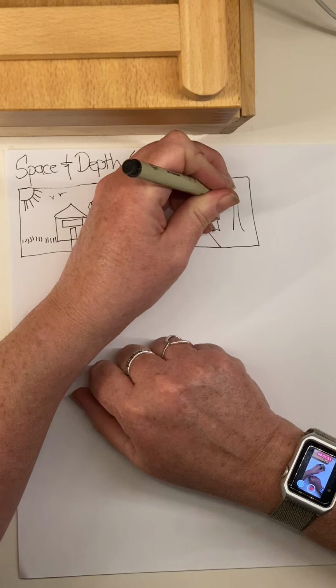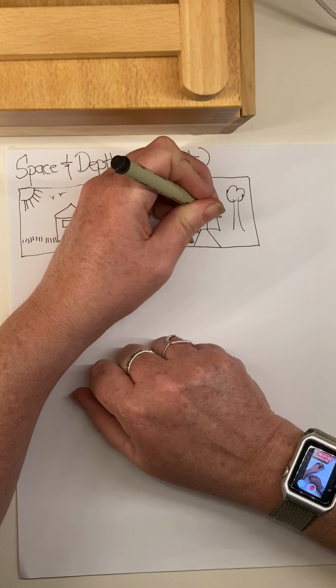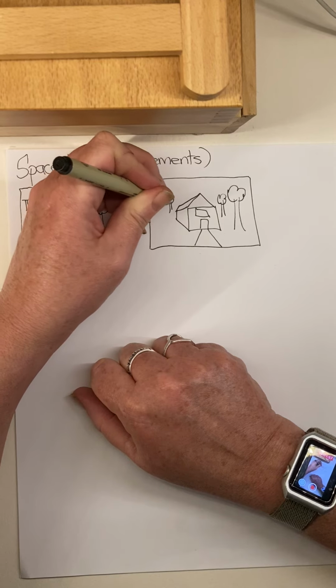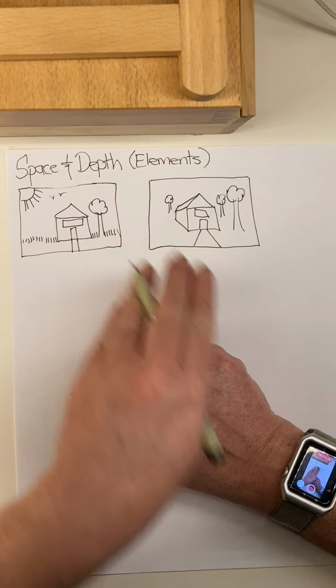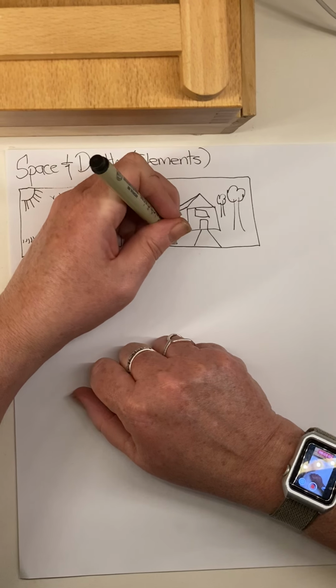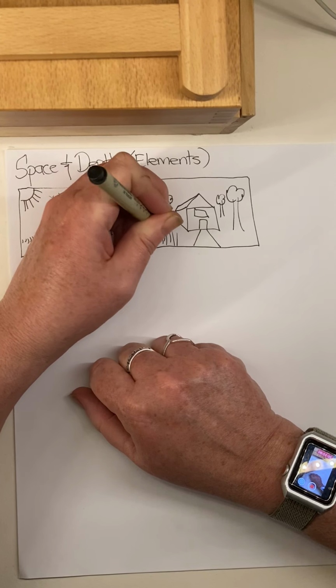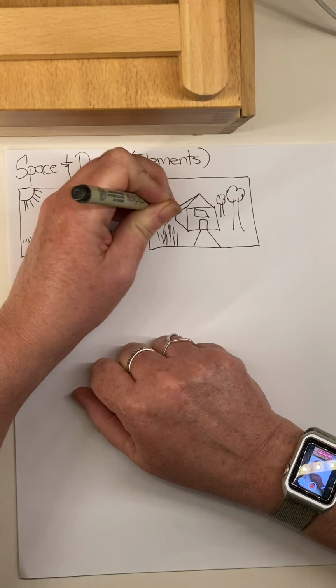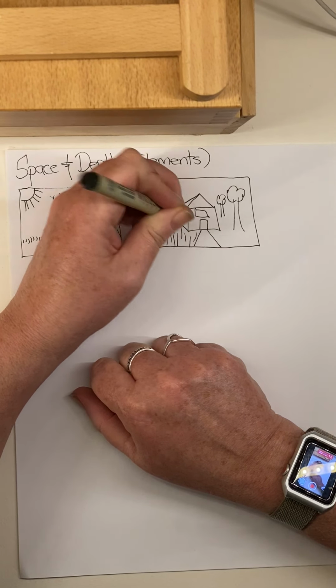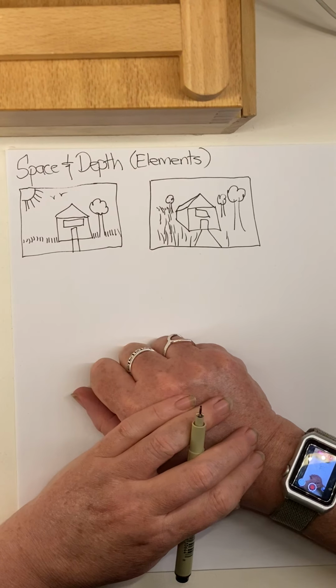Okay, fine, we can just keep a tree here. But if I go and add another little tree here and I add another one back here, now it's looking like they're getting farther away from us. Same with the grass, right? Instead of having it like this, I start like this. And I'm not going to fill the whole space on you here, but you get that idea.